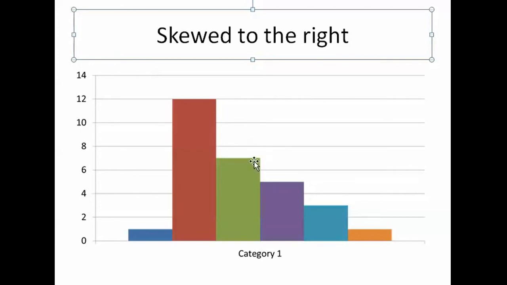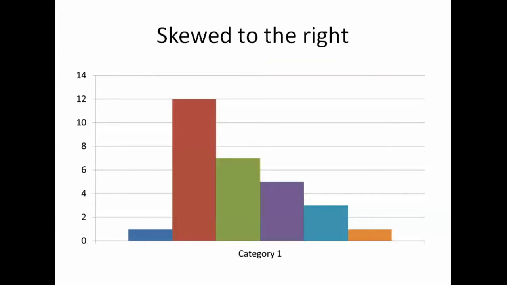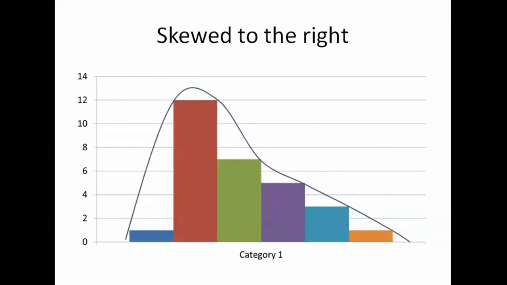And my first job was working at Burger King, so I was actually one of these people down here in this bar down here. I was one of the cashiers who makes the lowest amount of money. That was my first job when I was in high school. And you can see the shape which is skewed to the right.